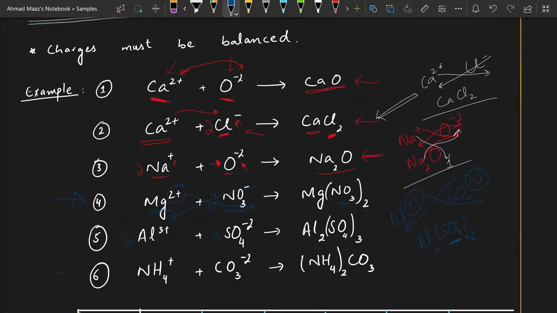Ammonium and carbonate. Ammonium has a charge of +1, carbonate has a charge of -2, so this must go over here and this must go over here. So NH4 twice, because there must be 2 ammonium ions with 1 carbonate ion, because carbonate is -2 and ammonium is +1.